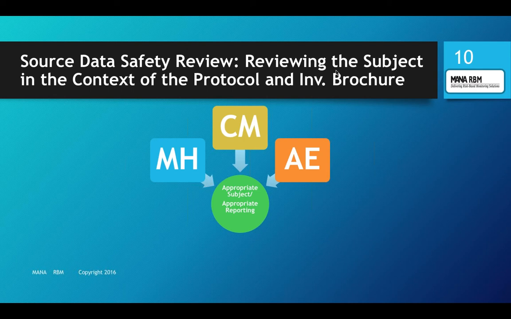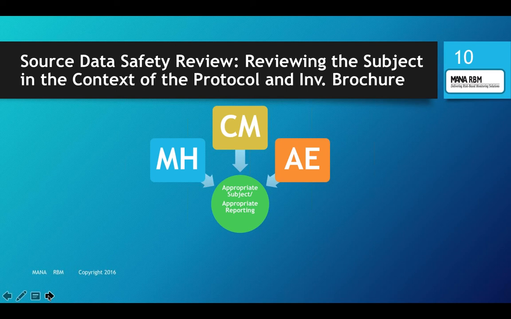I should have probably put a poll in to ask you that, but the investigator brochure gives a lot of information, and we'll go through some of that today. So remember, the information from the medical history will determine whether that's the appropriate subject. ConMeds is another piece on the inclusion-exclusion, but also AEs, are we getting appropriate reporting there?